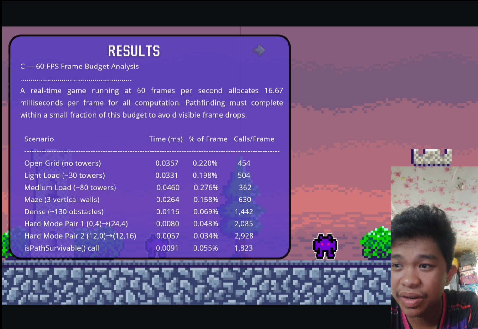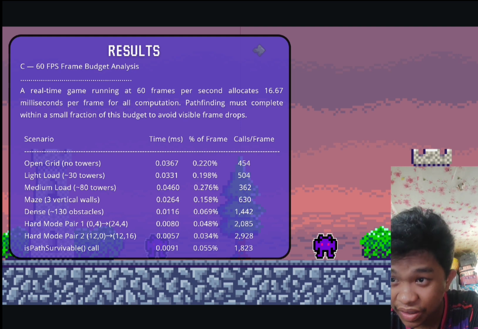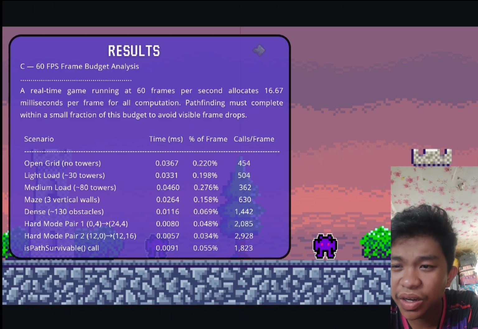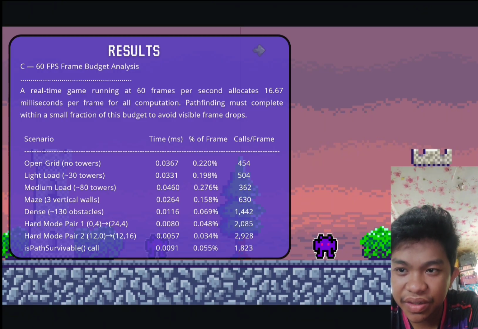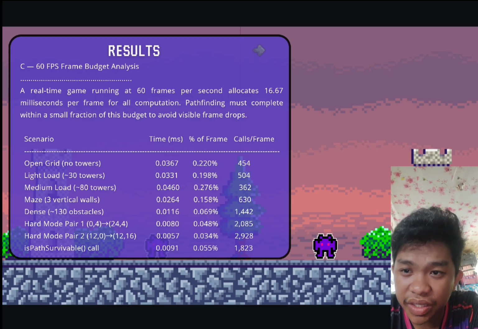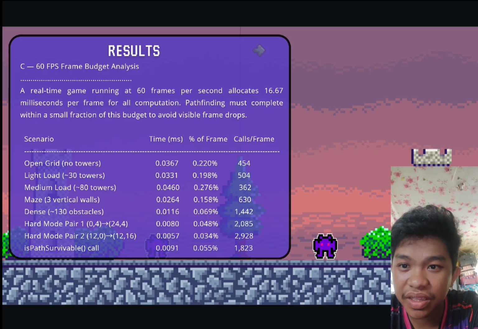Hard mode pair 1, 0 and 4 and 24 and 4, with a time of 0.0080 ms, 0.048% of frame, and 2085 calls per frame.